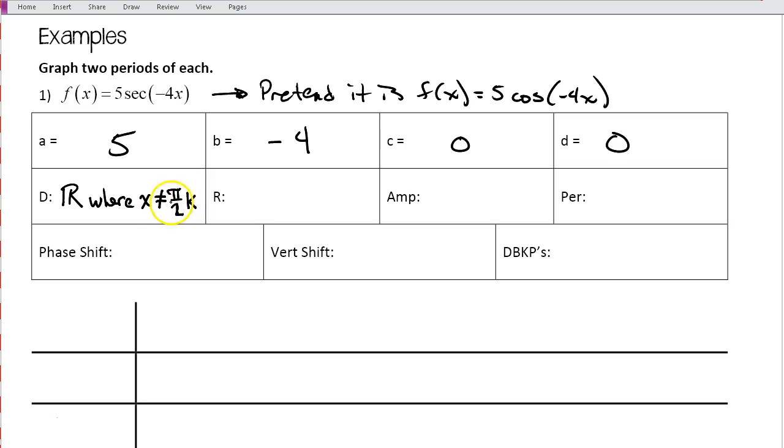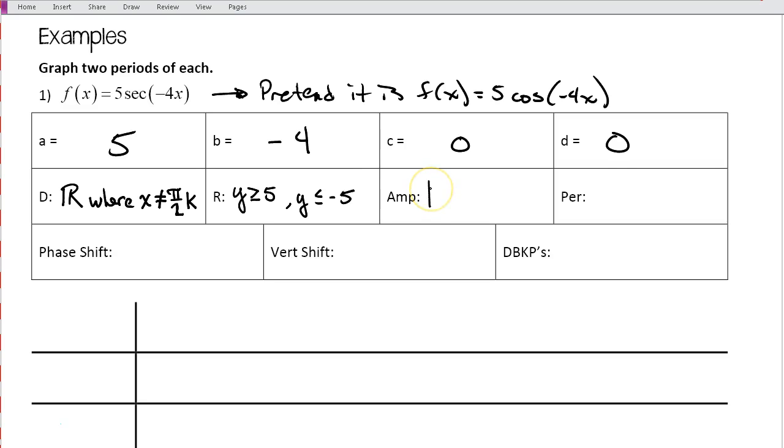So any multiple of pi over 2. The range, since our amplitude is going to be 5, and these are going to go up and down, and again, we won't really worry about range too much, it's going to be y is greater than or equal to 5, and y is less than or equal to negative 5. And if you want to write that in interval notation, that's fine.